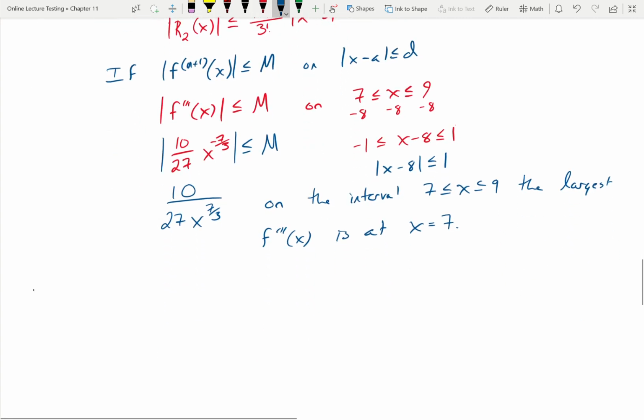So that means f double prime of x is less than or equal to 10 divided by 27 times 1 over 7 to the 7/3 power, which is approximately equal to 0.00206.